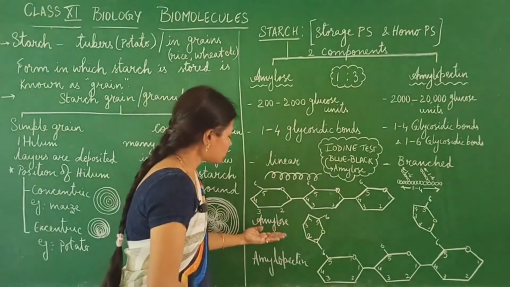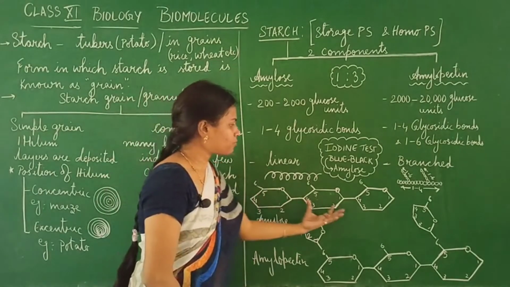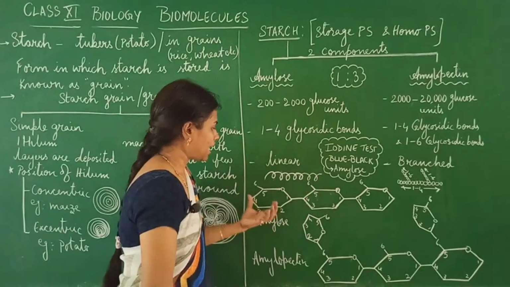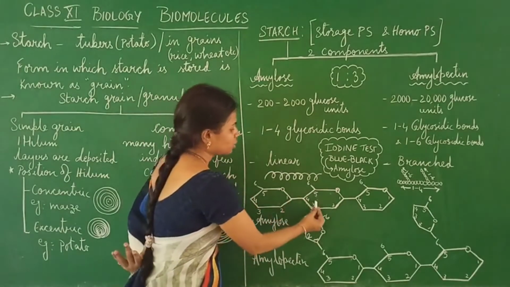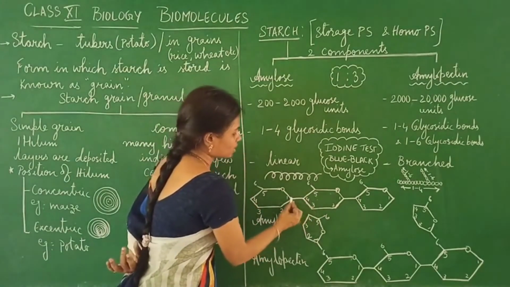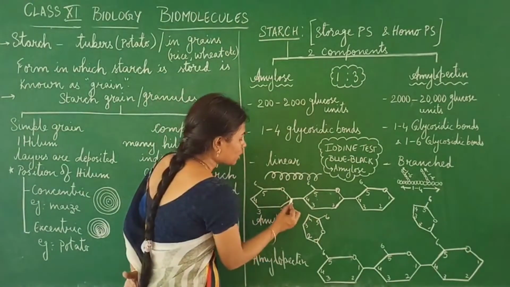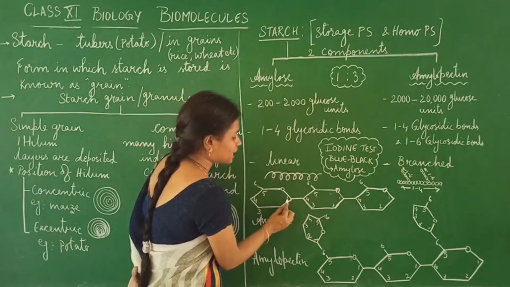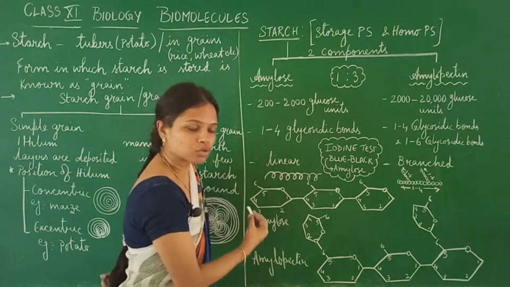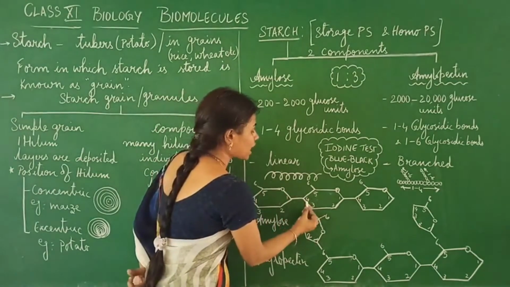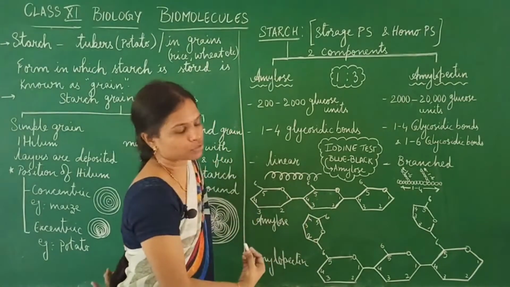Now, as we see, amylose is made up of glucose units, and the linkage between two glucose units is formed by a glycosidic bond. That is, a bond is formed between the first carbon atom of the first glucose unit with the fourth carbon atom of the next glucose unit.